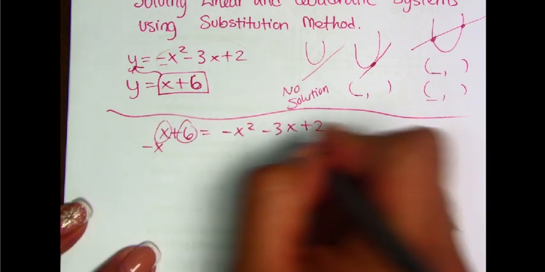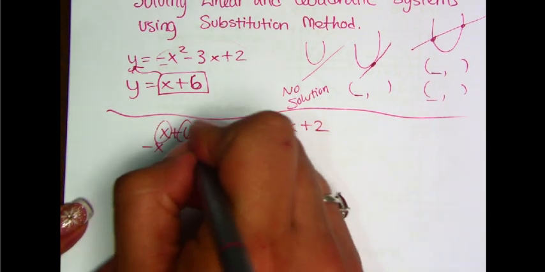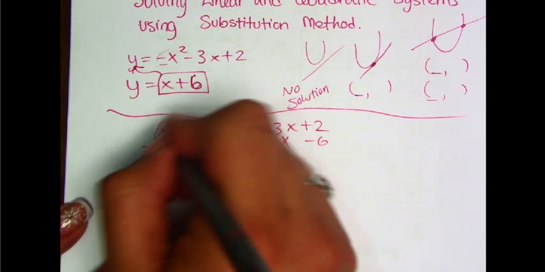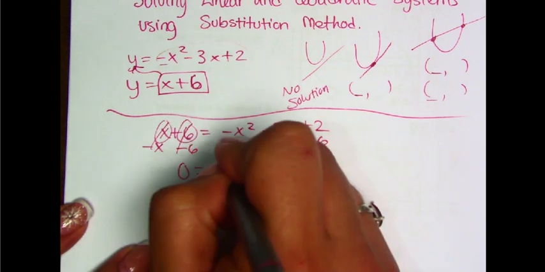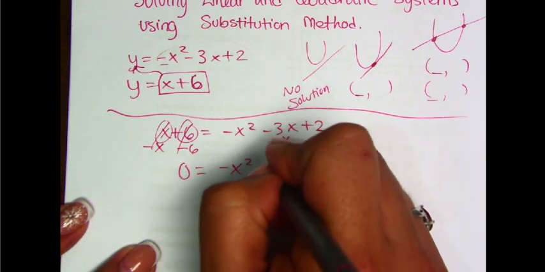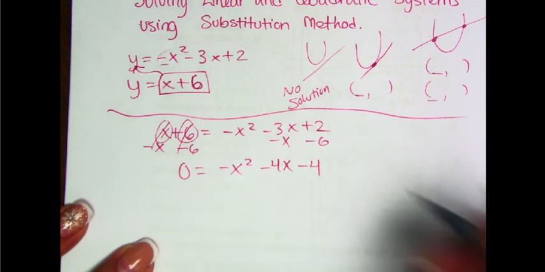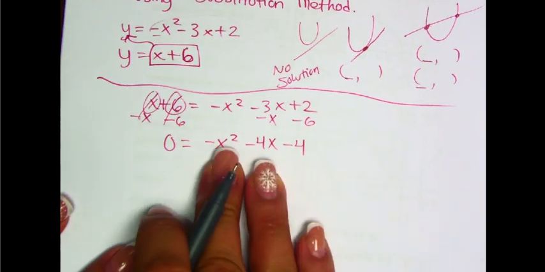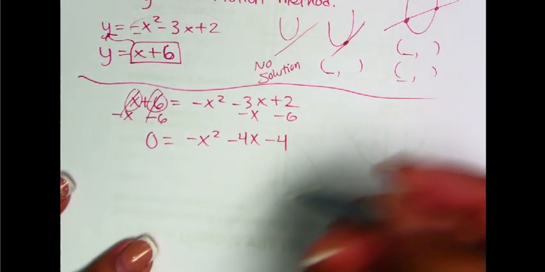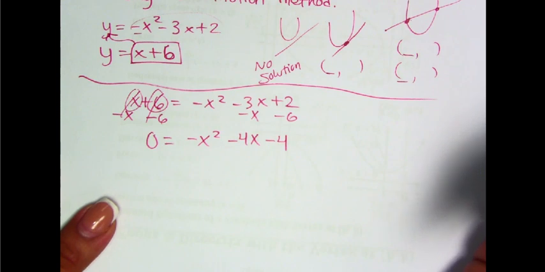So it's easier to just move these two parts to the other side. Minus x, minus 6, minus 6. That cancels and we're left with 0 equals negative x squared, negative 4x, and negative 4. Now we have to think about all the methods that we have learned for solving quadratics.